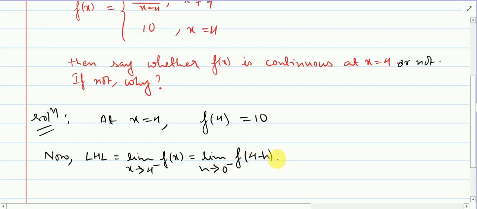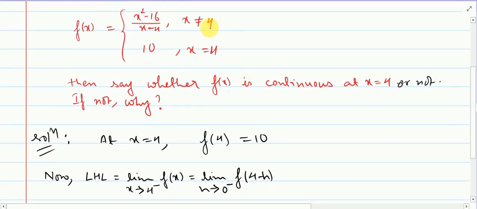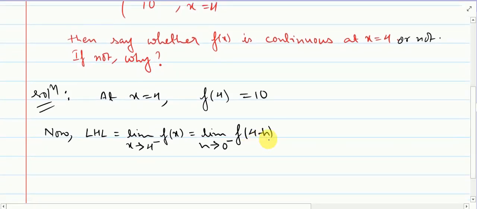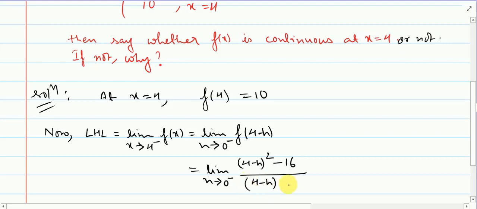Here 4 minus h is not exactly 4, so we have to write by this definition. So this 4 minus h is like x for you, and then you'll get (4 minus h) whole square minus 16 upon, here down, 4 minus h minus 4.